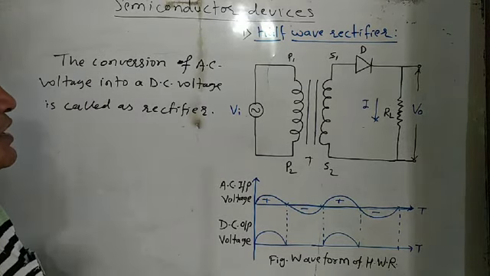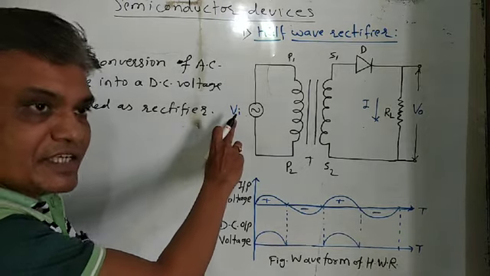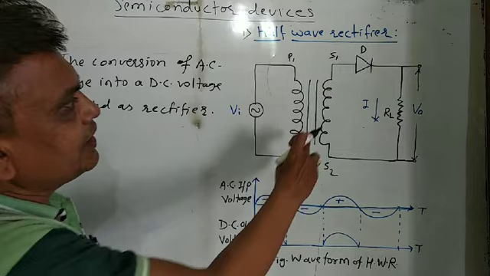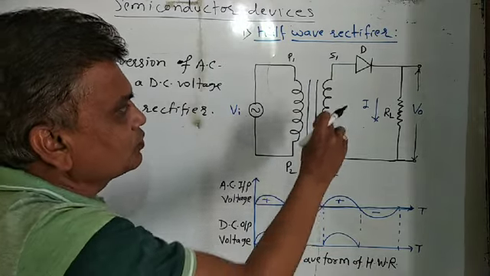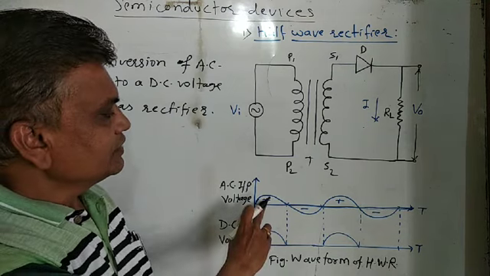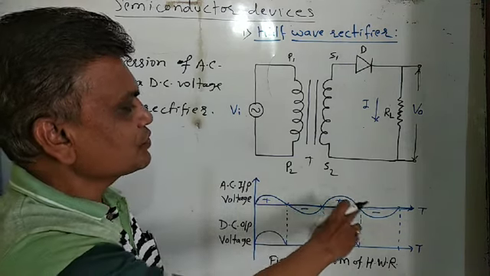Now first we see, as we give the AC input voltage to the primary of the transformer, then across secondary S1 and S2, we know that for AC input voltage there is a cycle: positive, negative, positive, negative.